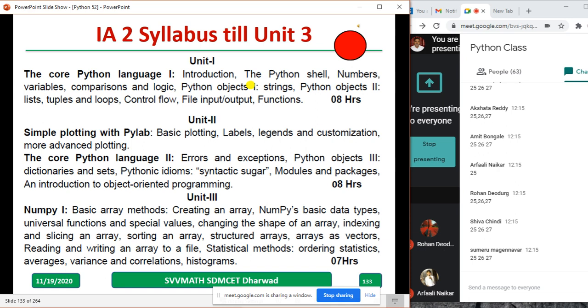I have told some of the students to do it, and please try to complete it so that it will be helpful to the students in the second IA. Those who are interested can talk to Sindhu. They can also help me doing this. It is just to help you. I am asking your help. Help me to help you. That's all. Okay, let me go to the next now.